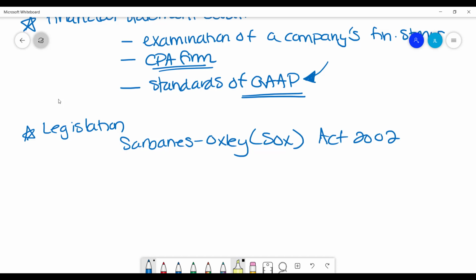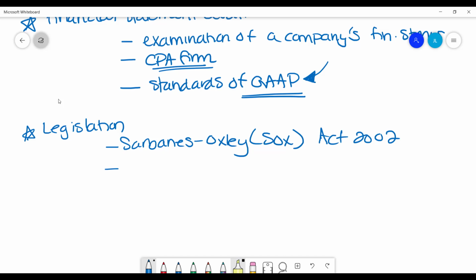So basically, what came out of this legislation is that auditors are prohibited from also providing non-audit services to their audit clients. So if a CPA firm, for example, is the auditor of a company, they also cannot provide consulting services to that company at the same time, because that would represent a conflict of interest.